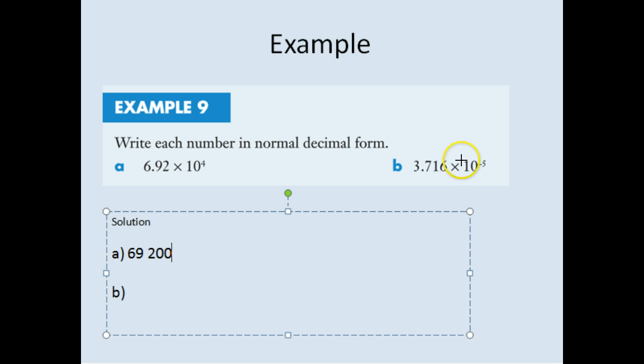Okay, in my other example, I have 3.716 times 10 to the power of minus 5. Now this minus 5 here tells us that the decimal point has been moved down, so we need to move it back up. So we need to go 5 places up. So 1, 2, 3, 4, 5.